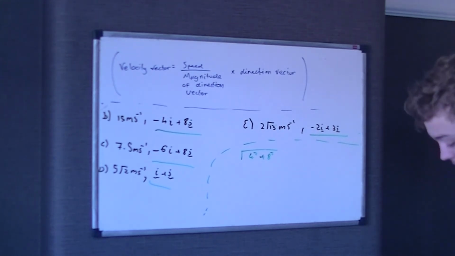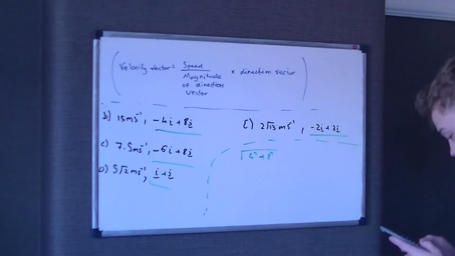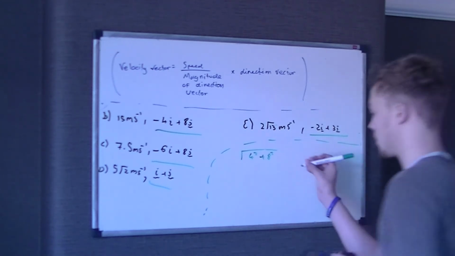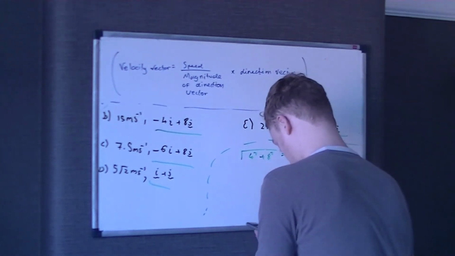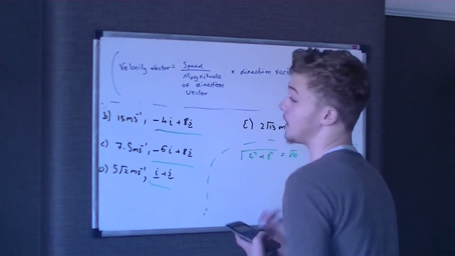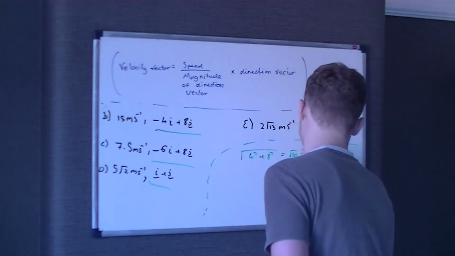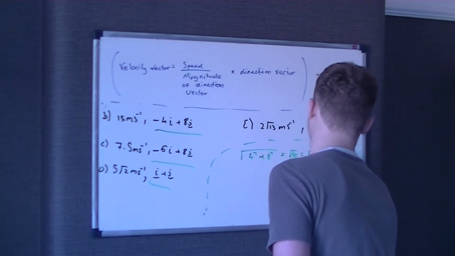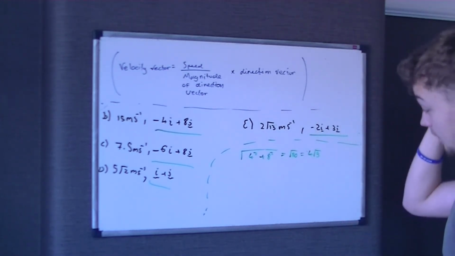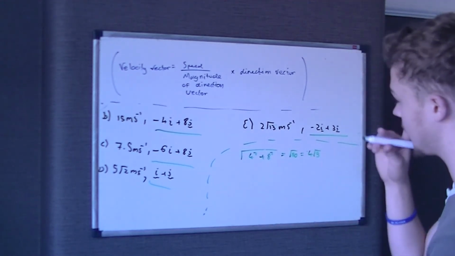Make sure I'm not going completely insane. 16, 64. See, I can't even type in my calculator. 80, yeah. So that's just root 80, which you can leave as root 80, or you can change it to root 16 times root 5, which is 4 root 5. So that's the magnitude of the direction vector.